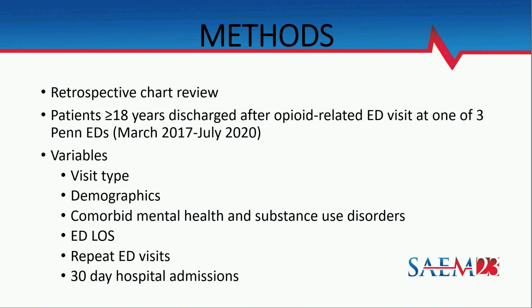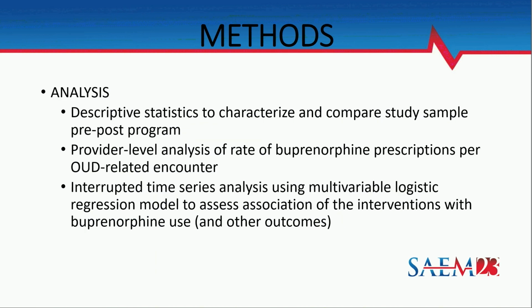Repeat ED visits, so patients coming back to the emergency department within 30 days after discharge, and also hospital admissions within 30 days. So they used descriptive statistics to describe the sample population, pre and post program implementation, to make sure that the study sample didn't look very different before they started the program compared to after.